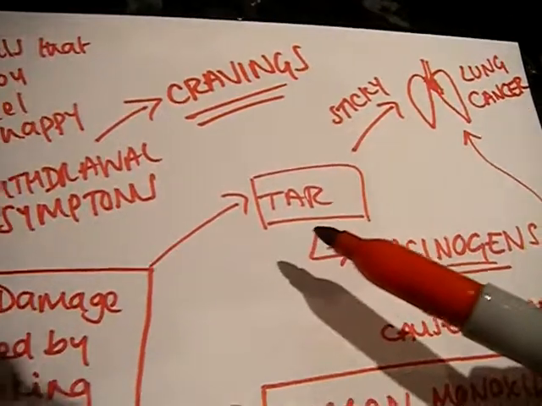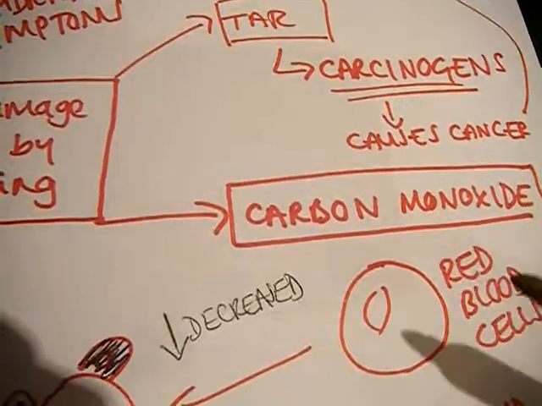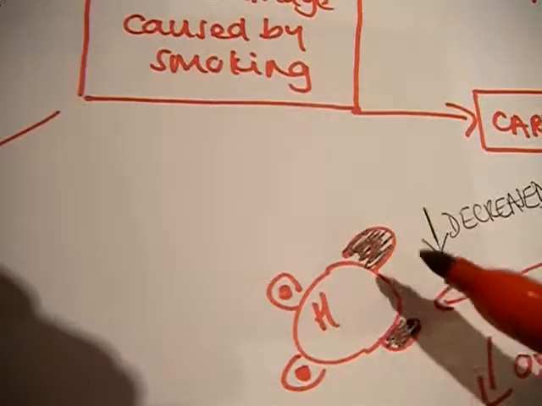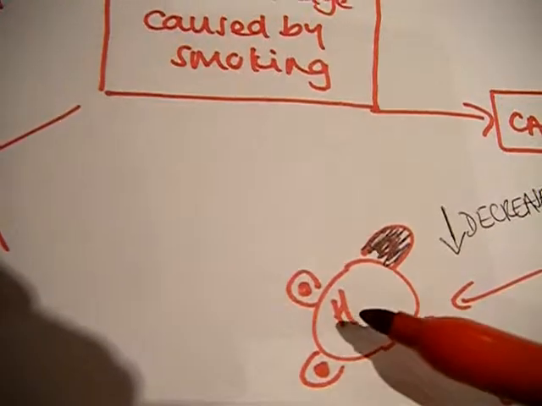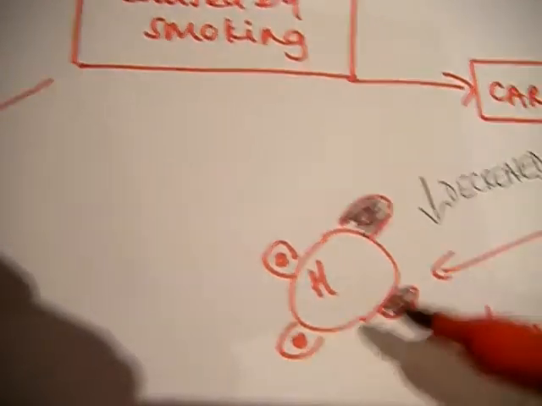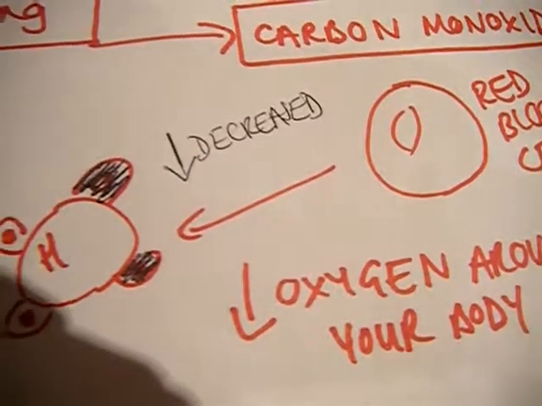So that's tar. Next one is the carbon monoxide, which acts in the red blood cells to boot the oxygen off the hemoglobin, so that your truck that's carrying round your oxygen now can't carry as much. So you have decreased oxygen going around your body.